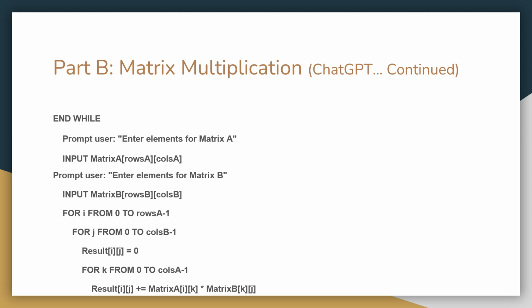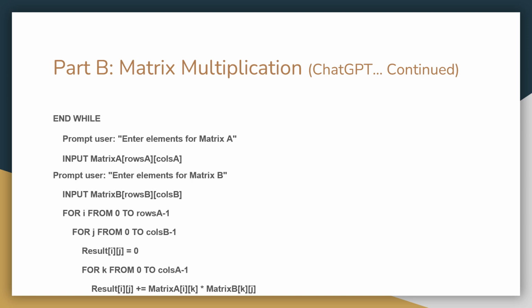With the next line, it says for I from 0 to rows A minus 1, for J from 0 to columns B minus 1, result I, J is equal to 0. For K from 0 to columns A minus 1. What this is, is a triple nested loop.